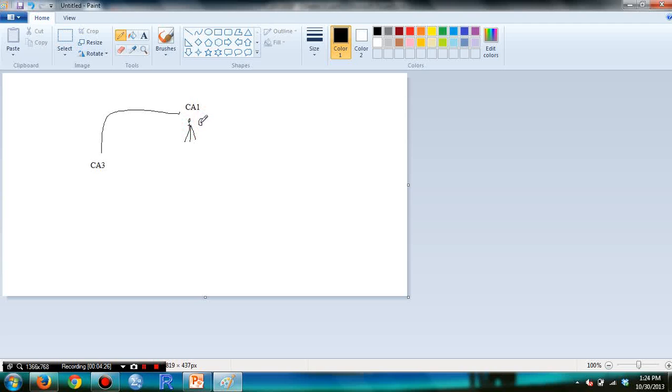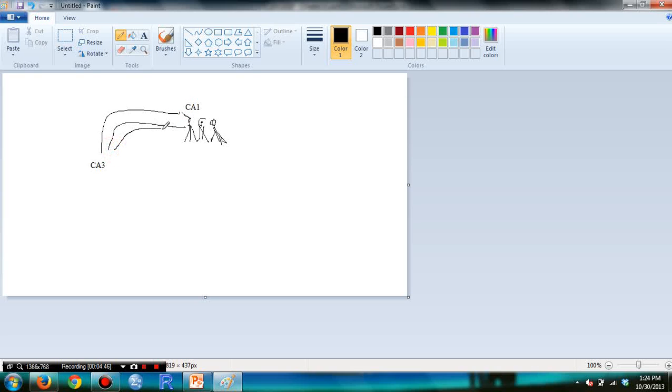And so our CA3 neurons send information over to our CA1 neurons. So this is the cell body, this is the axon leaving, and this is the terminal buttons over here, right? So this is the synapse right there.